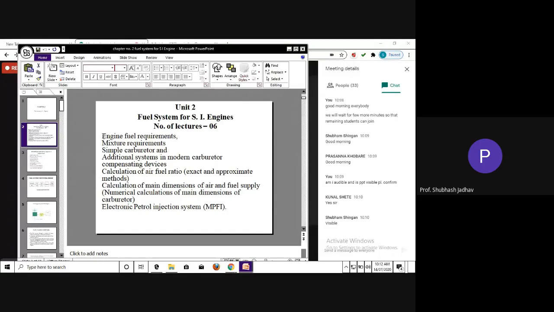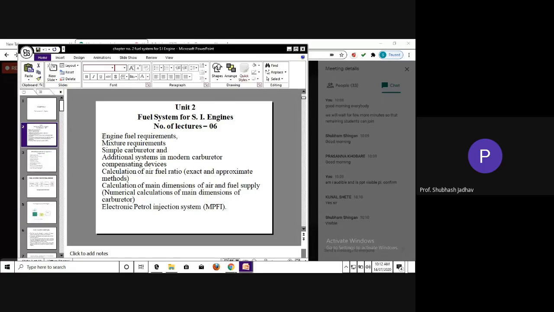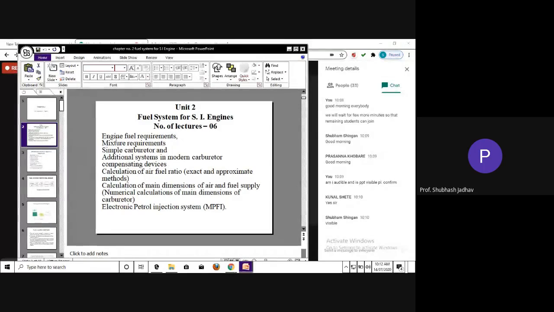I think engine fuel requirements we have discussed, and mixture requirements to some extent. But after discussing engine fuel requirements, we went on to the simple carburetor, and we will be discussing mixture requirements in detail.